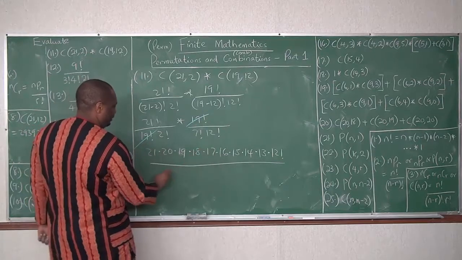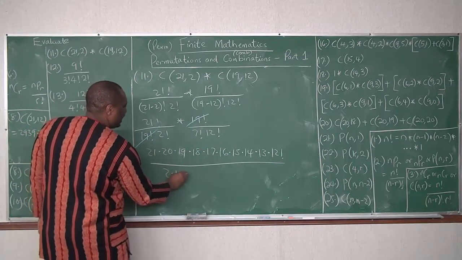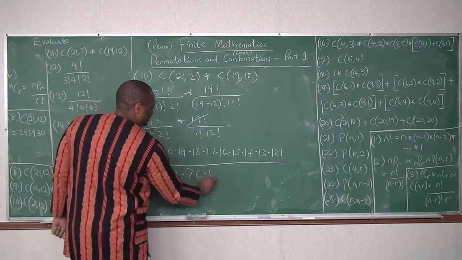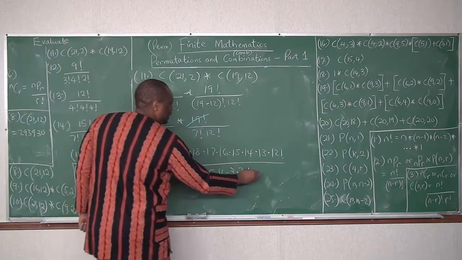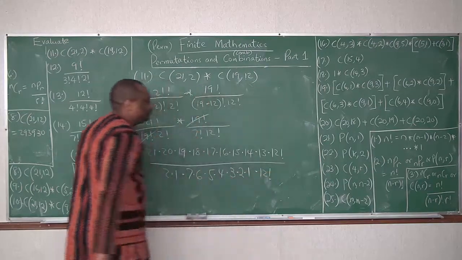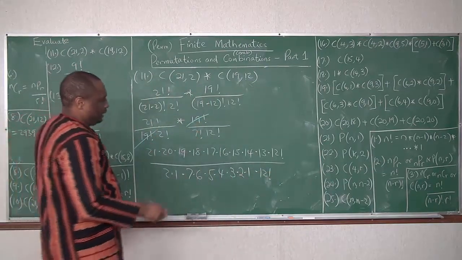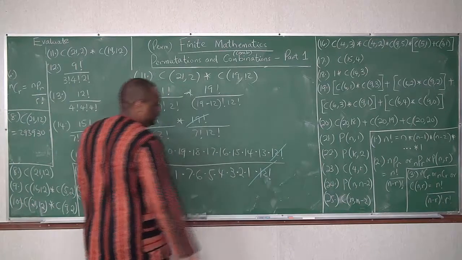Let's expand this right away: 2 times 1 times 7 times 6 times 5 times 4 times 3 times 2 times 1 times 12 factorial. We can go ahead and cross out the 12 factorial.